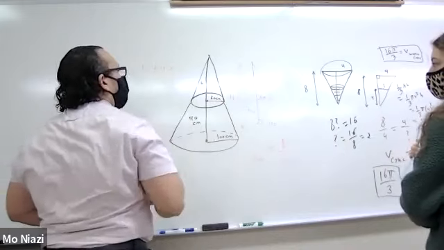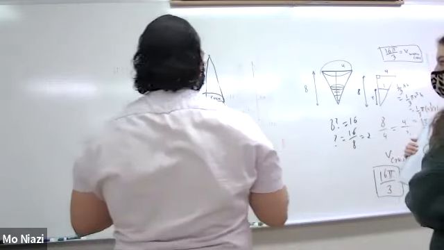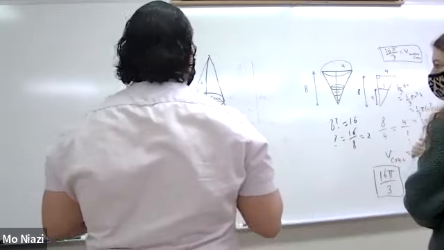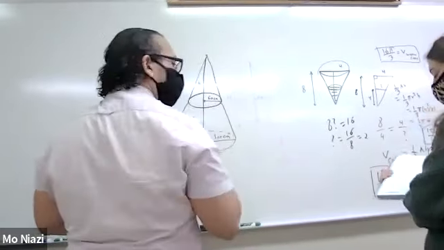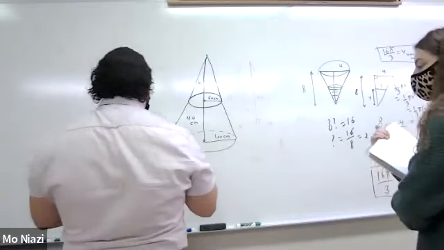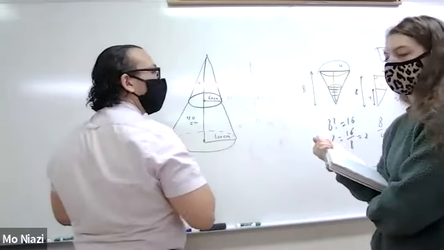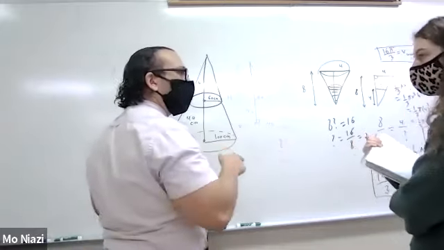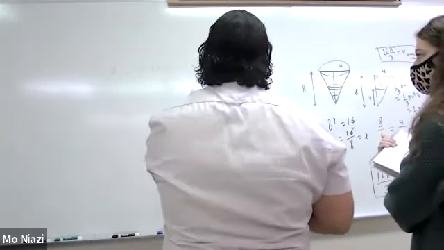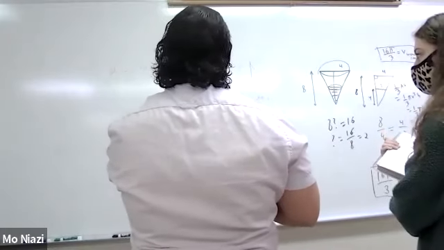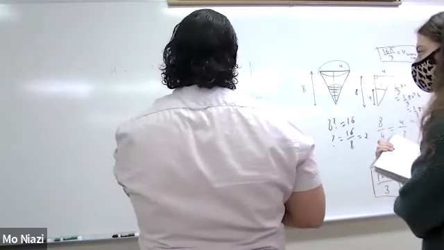Do you have any equations about cones that you can use here? Okay, cool. Remember in your handout, you had some equations about cones? You had like the lateral length, you had the height, okay? So what would be the volume of the larger cone?